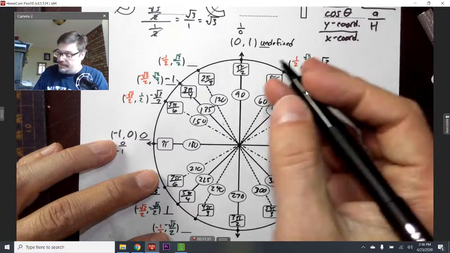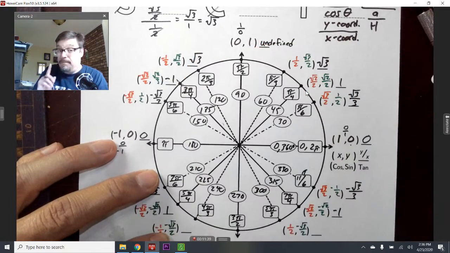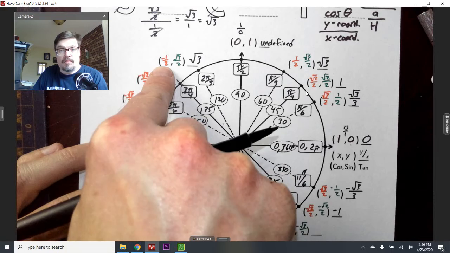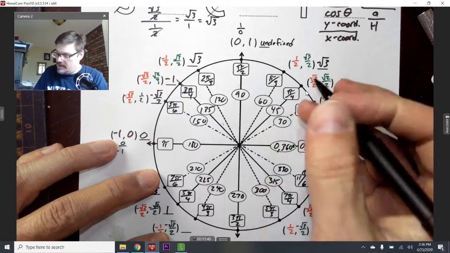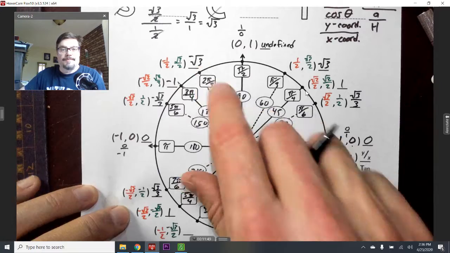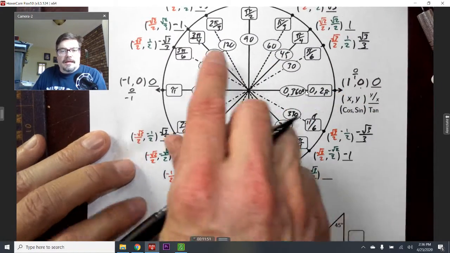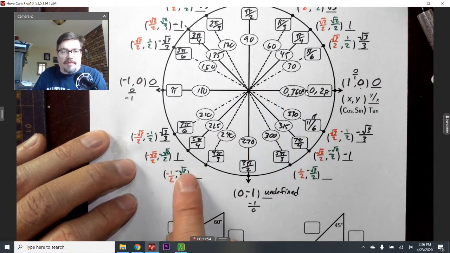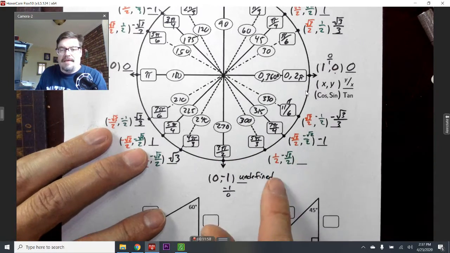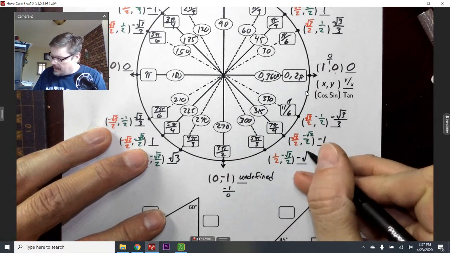Over here it's radical 3, but because one of them is negative, it ends up being negative. So notice that tangent is always negative here. And then coming to here, they're both negative, so they will be positive radical 3. And then one of them is negative, so this will end up being a negative radical 3.